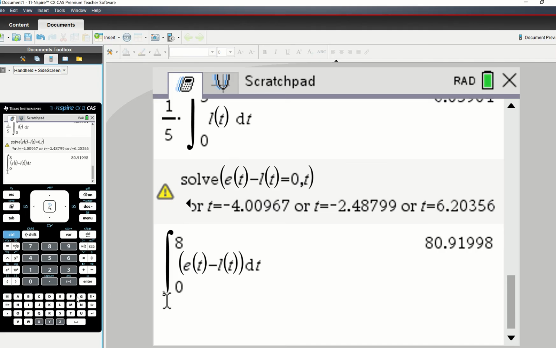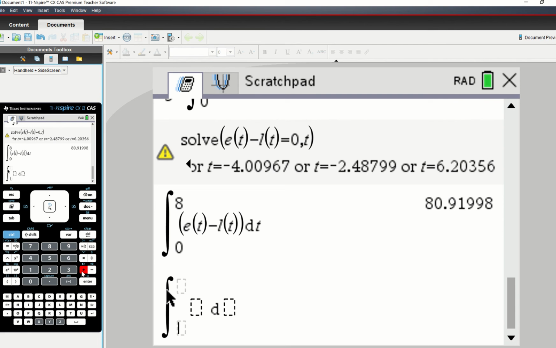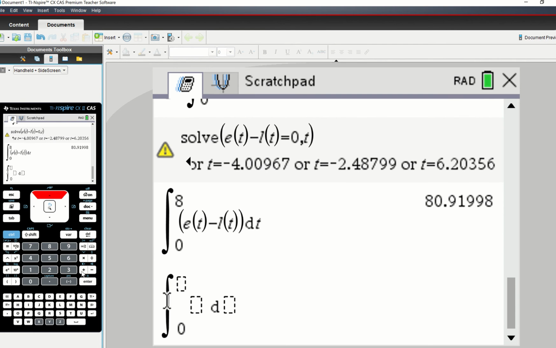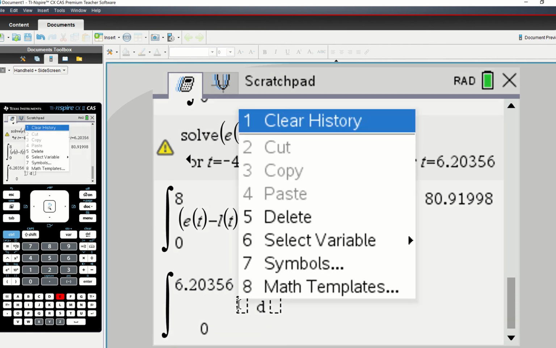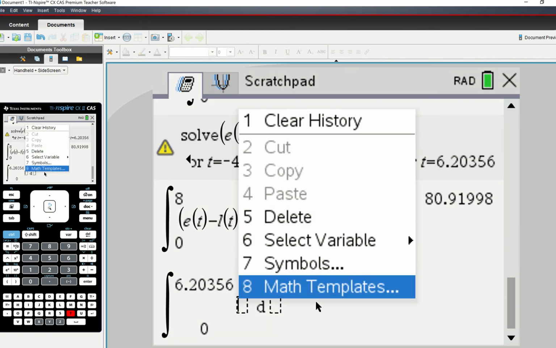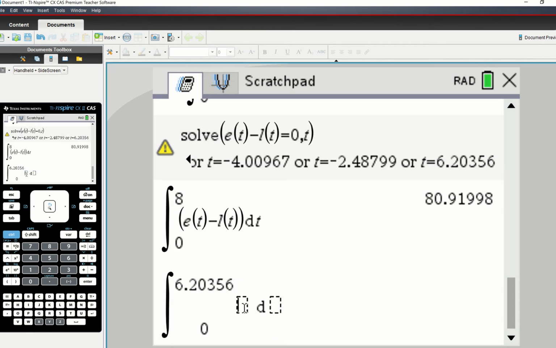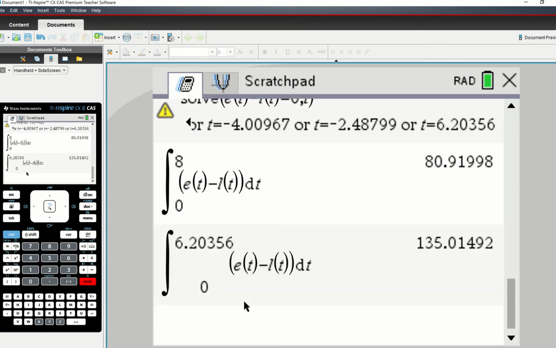So I'm going to actually keep this to 5 decimal places when I input this time, which was 6.20356. And again, I'm doing the integral of E of t minus L of t dt. And I get 135.01492.